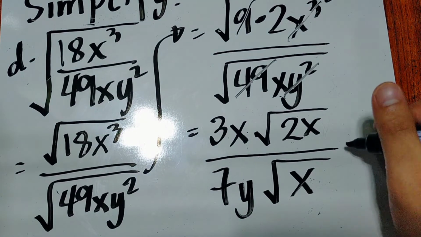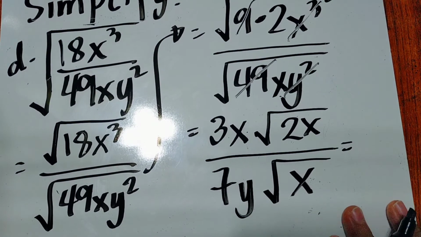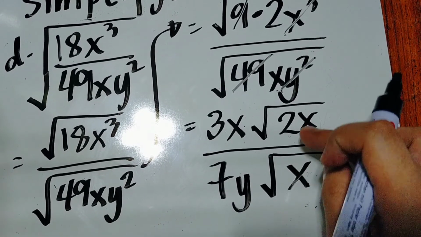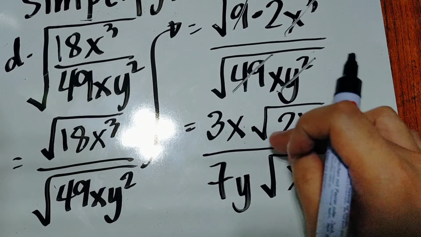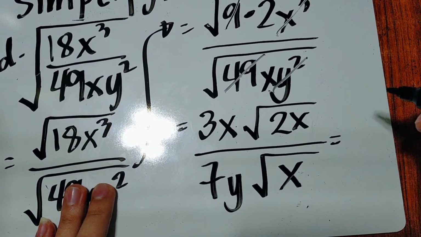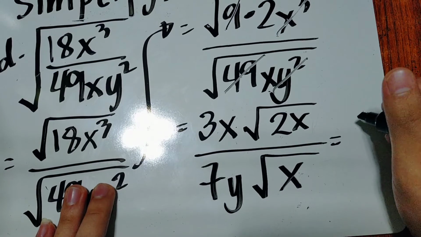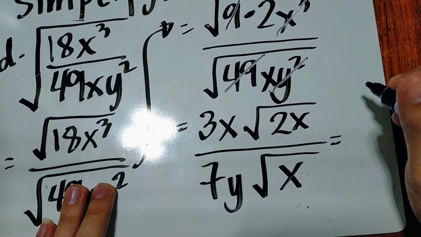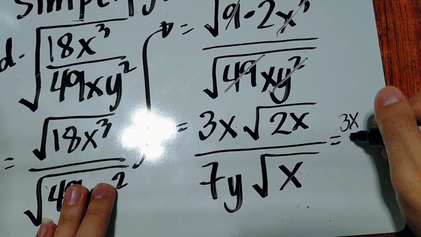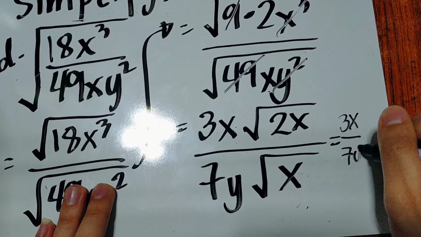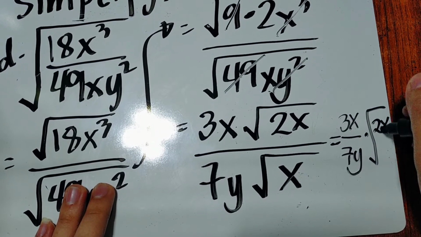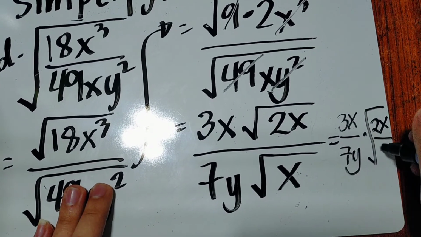Next. So, in this case, pwede pa ba natin siyang i-divide? Yes. Pwede pa natin i-reduce tong dalawa, since pareha silang naka-radical sign. So, paano natin gagawin yon? This will become 3x over 7y times, pag-iisahin natin sila, 2x over x.